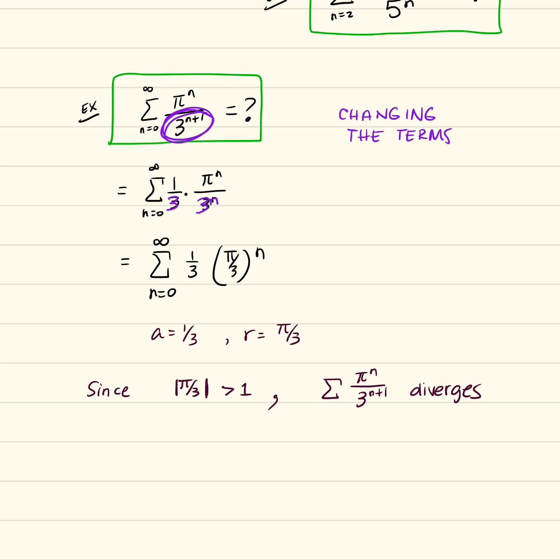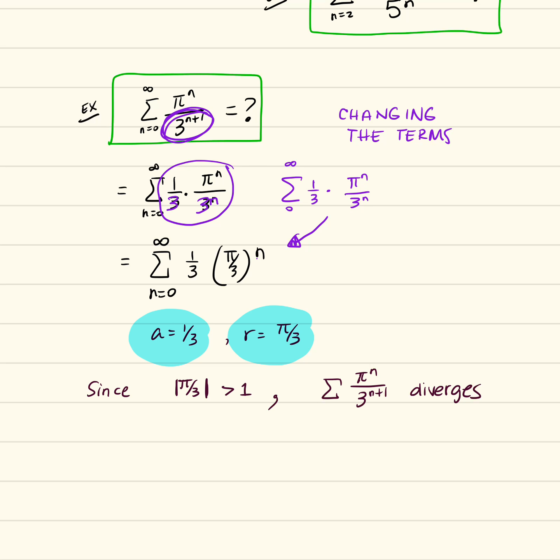Now when we split this up, we've got 1/3 times pi to the n over 3 to the n. Okay? And we can take it a step further and write it as pi over 3 to the n. So from here, we can see that r is pi over 3 and a is 1/3.